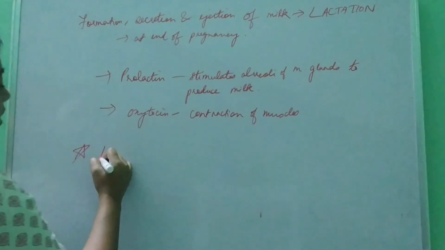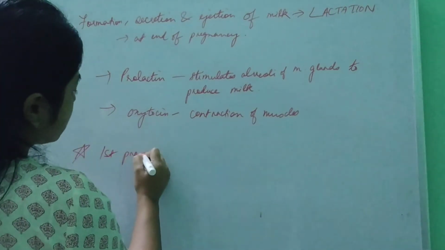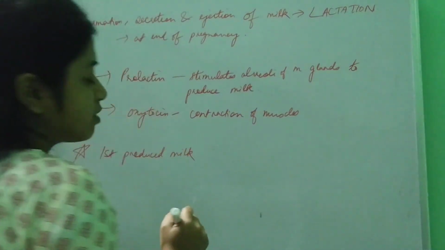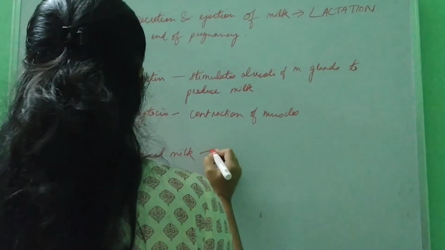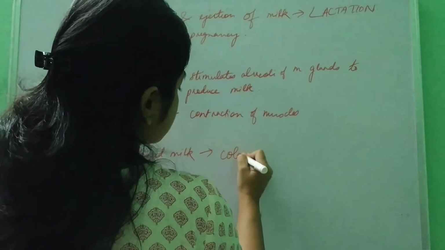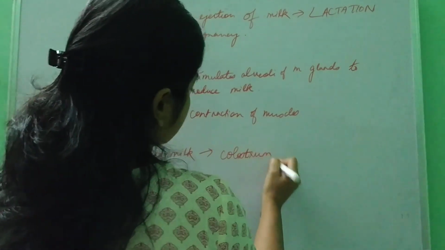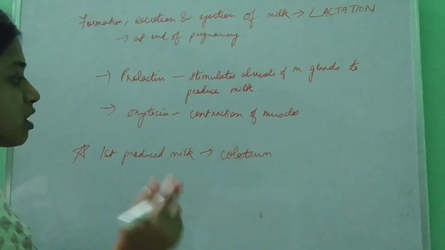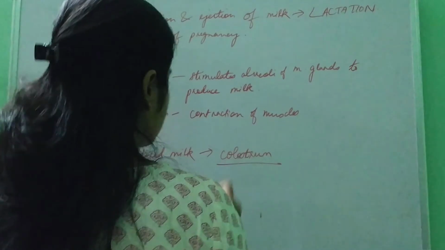Very important thing, the first produced milk of the mother which the baby drinks, that is known as colostrum. Later it is known as regular milk only, but the first produced milk which comes out first, that is colostrum.